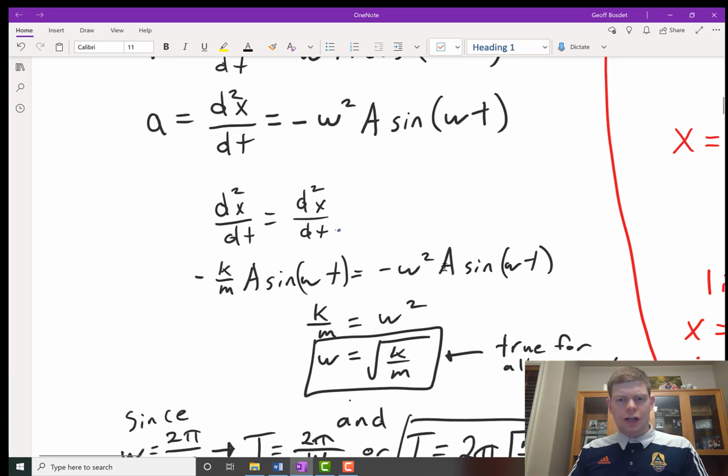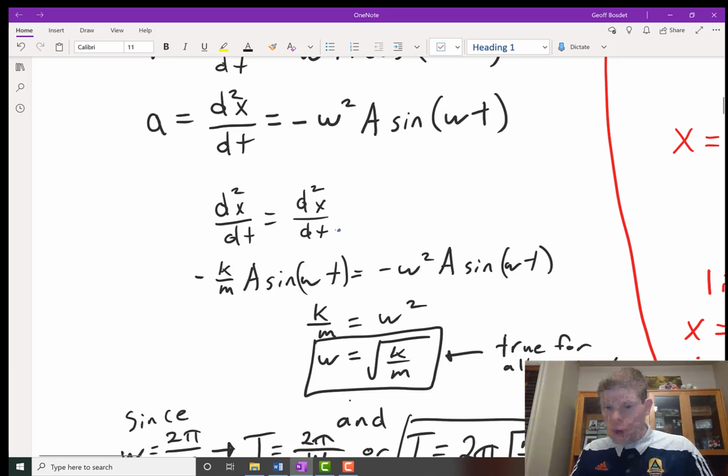So if we cancel out our A sine omega t, we end up with k over m equal to our angular velocity squared. So we've just discovered that for all spring systems, your angular velocity is always the square root of k over m. And that will be super important and show up a lot.